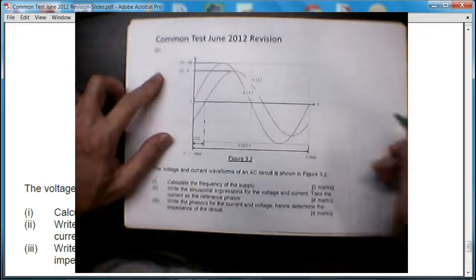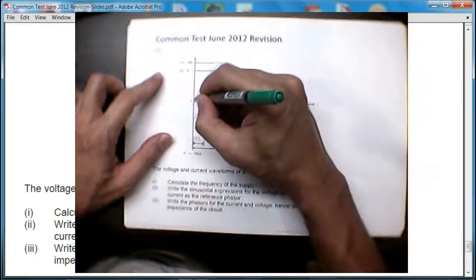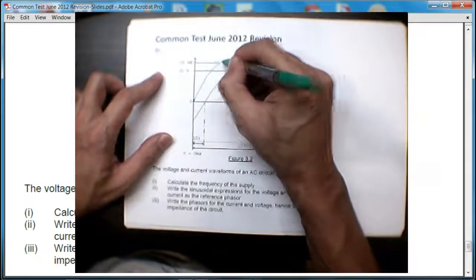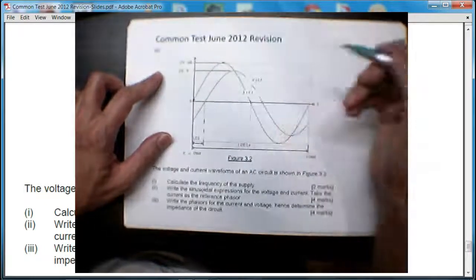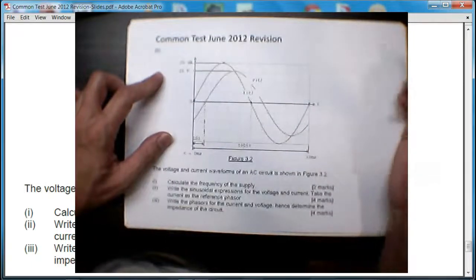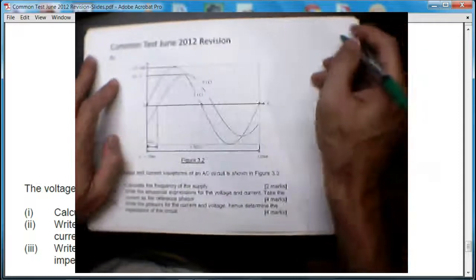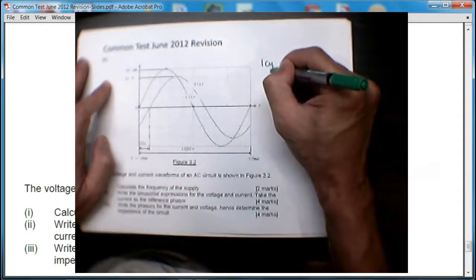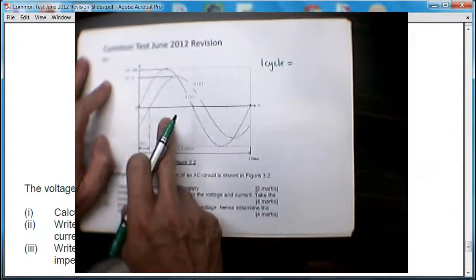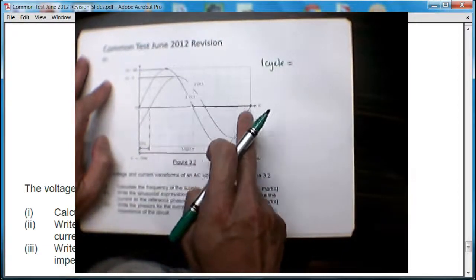So if I were to look at this waveform, let's say I look at the current waveform, it starts here, reaches the maximum here, comes down to cross over to 0 here, and then goes back until it comes here. In other words, one cycle of this waveform is actually 1, 2, 3, 4, 5, 6, 7, 8, 9, 10 divisions.